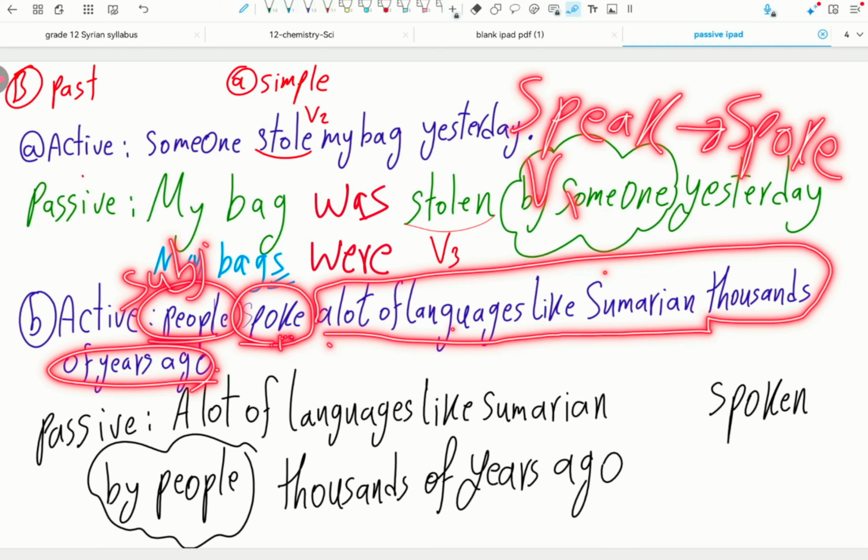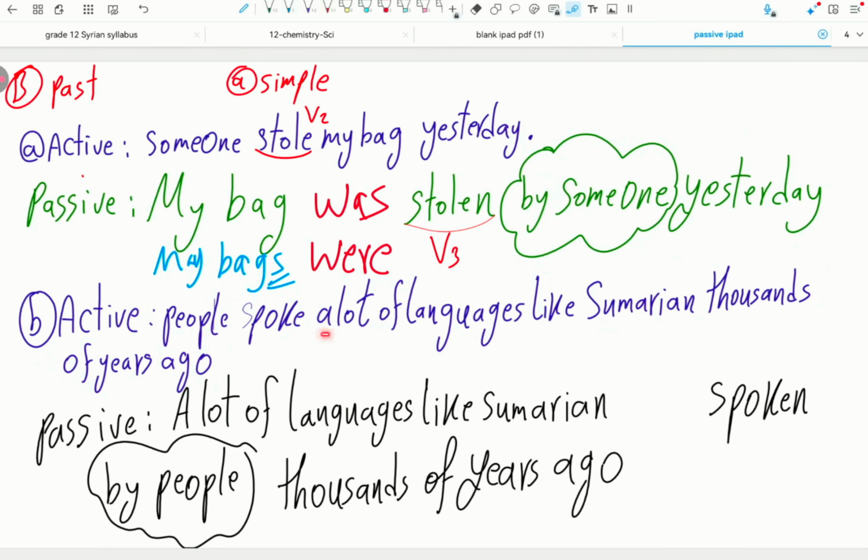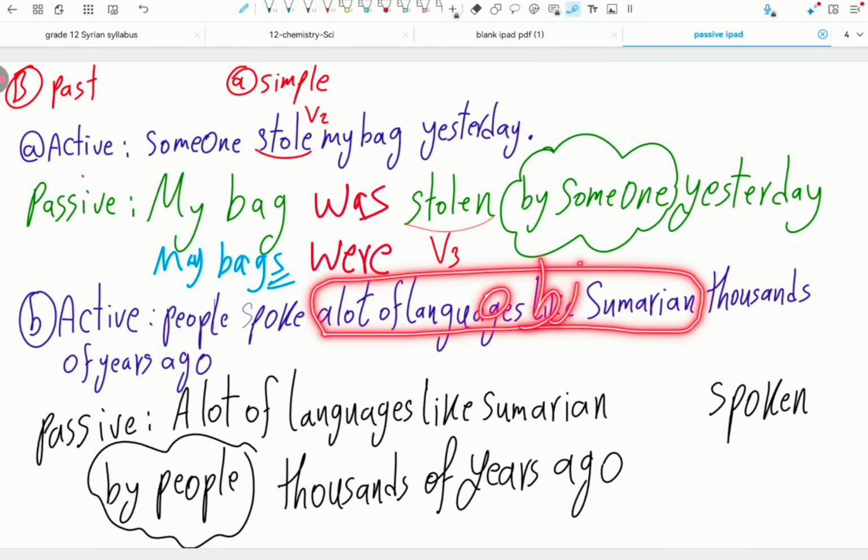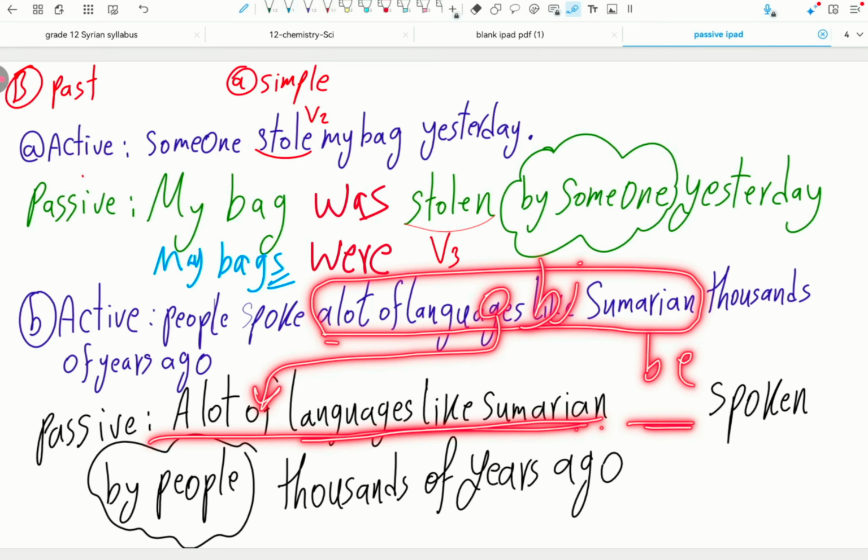Look, the object can be all of this, or we can say a lot of languages like Sumerian can be only the object. So I put the object at the beginning of the sentence: a lot of languages like Sumerian. Then I keep a place for verb to be.